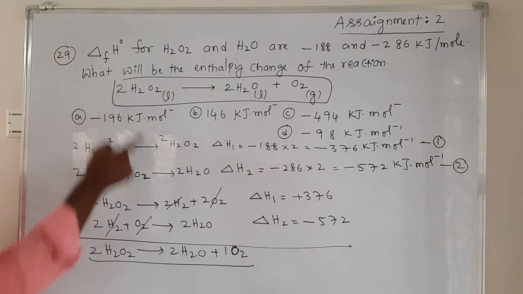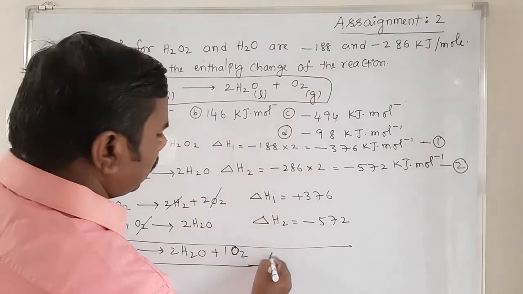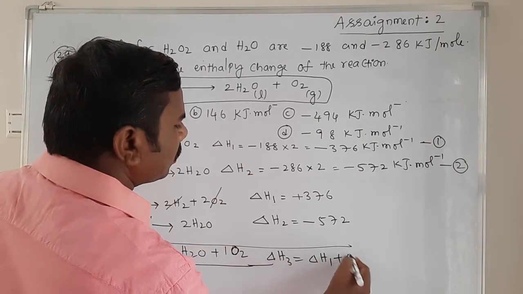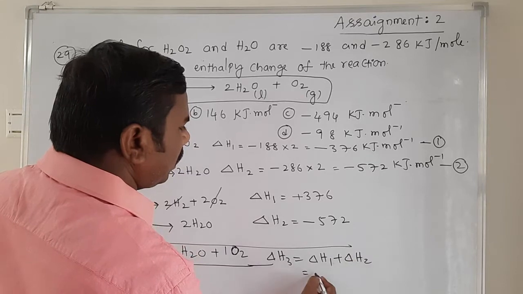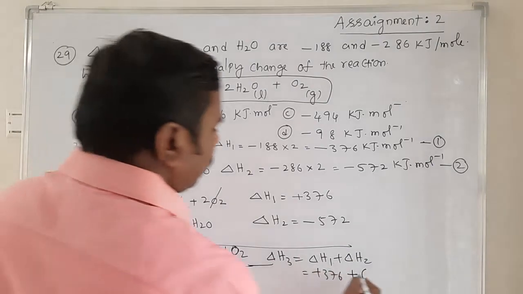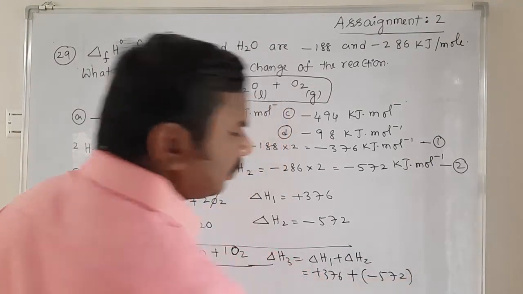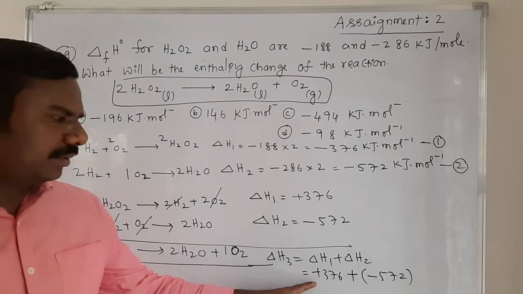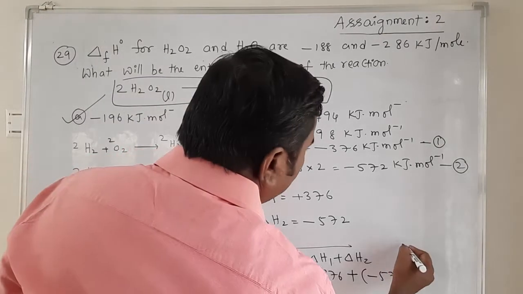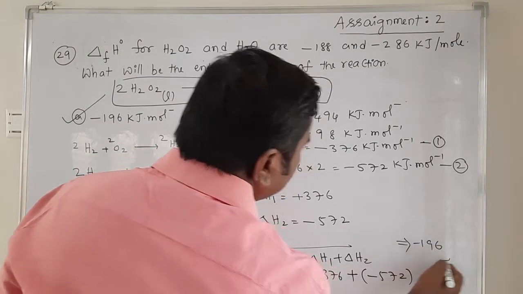This is the required equation, taken as delta H3, students. That is equal to delta H1 plus delta H2. H1 is plus 376, plus H2 is minus 572. Getting, students? Once you solve this, the answer will be minus 196. Option A is correct. So the answer will be minus 196 kilojoules per mole.